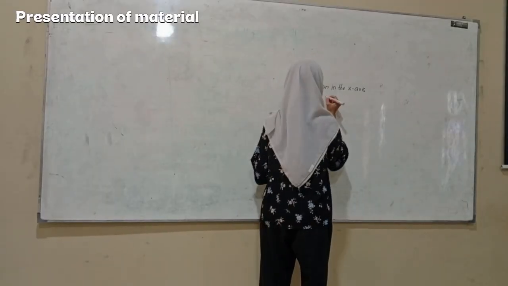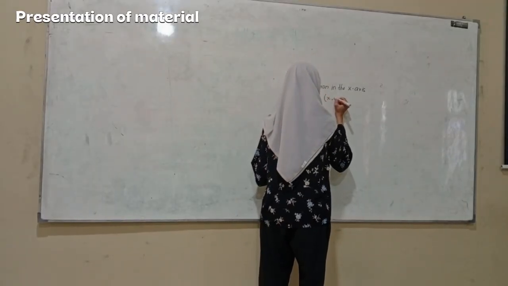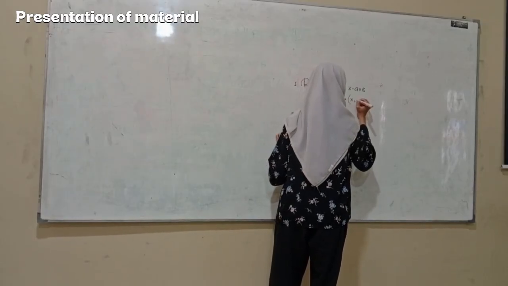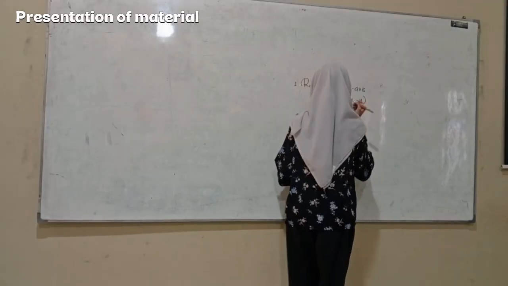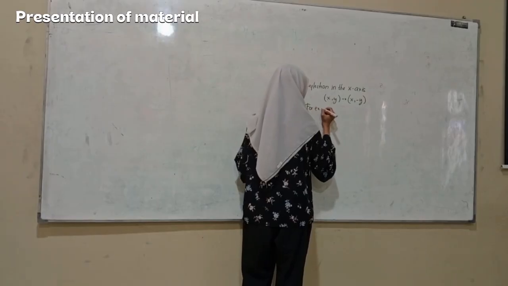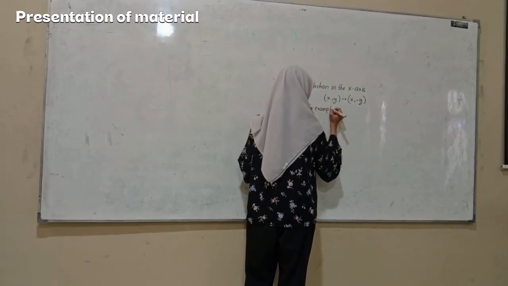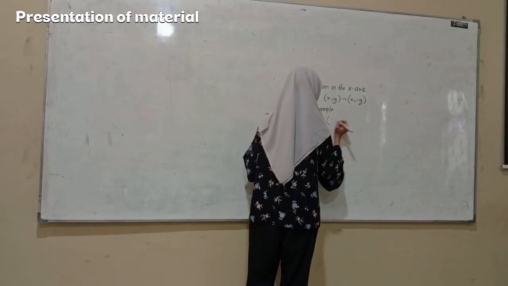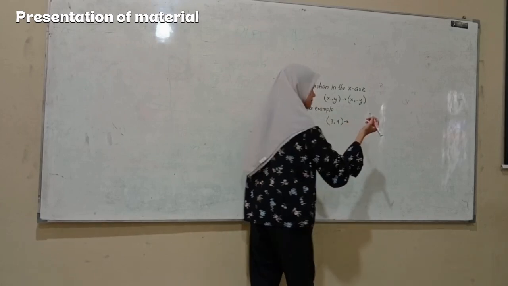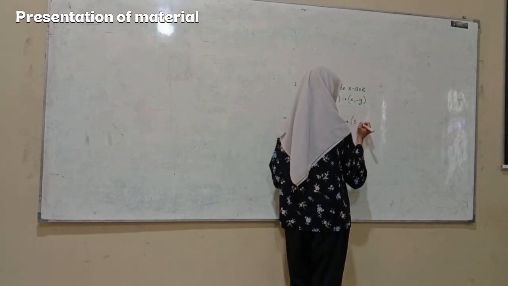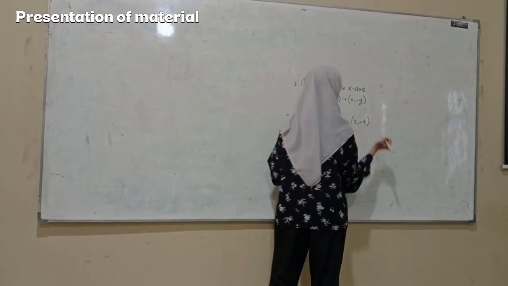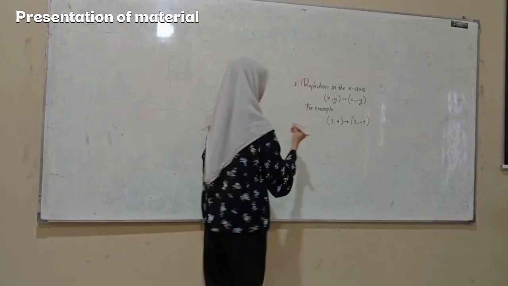The rule: (x, y) becomes (x, negative y). For example, (3, 4), say together, becomes (3, minus 4). Okay, (3, minus 4).